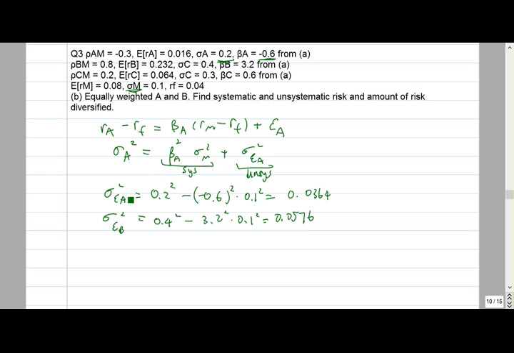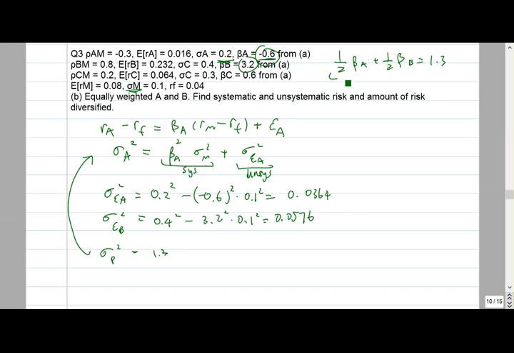For the whole portfolio, the formula is exactly the same. It's the beta of the portfolio. Beta of the portfolio is just the weighted average of the betas, so half beta A, half beta B, which is equal to 1.3.